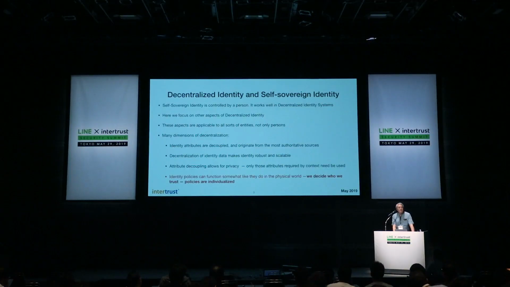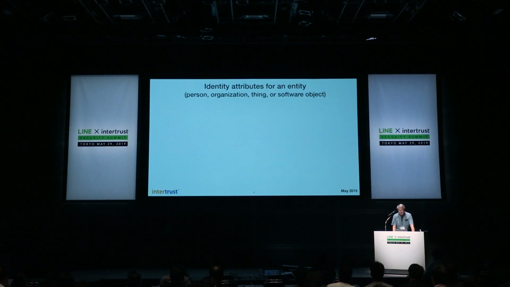And finally, it would be nice to sort of humanize identity management somewhat, make identity policies behave the way that they do in the real world. We each exercise our own judgment. We each have our own policies about what we trust and what we don't trust. And that's something that we ought to be able to make possible going forward.